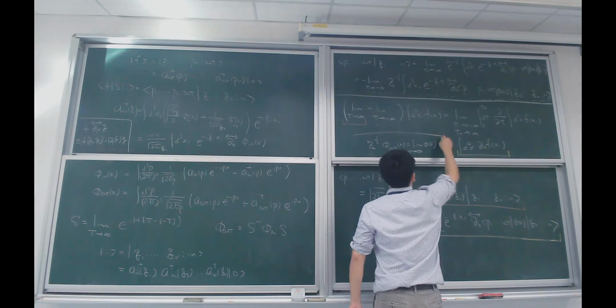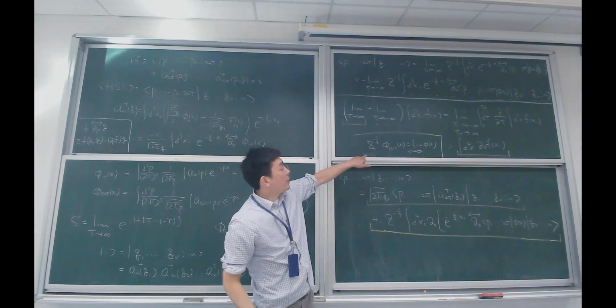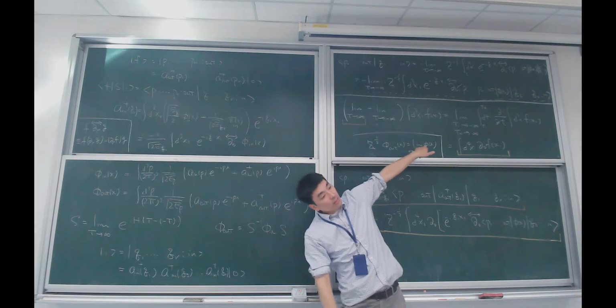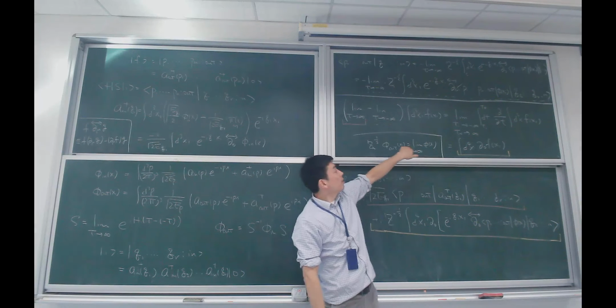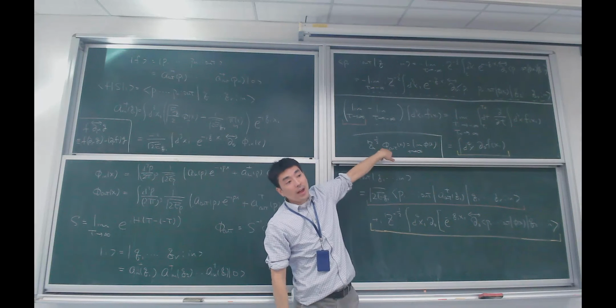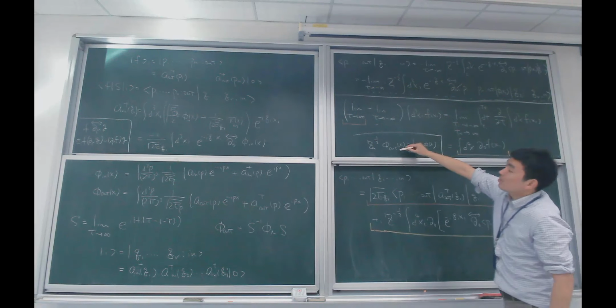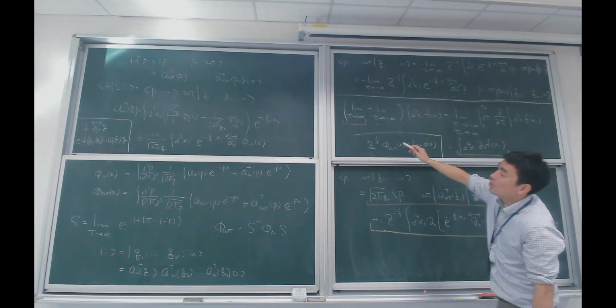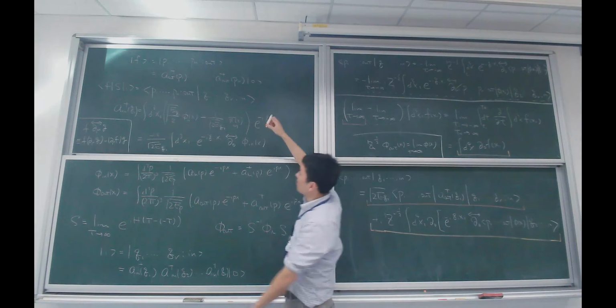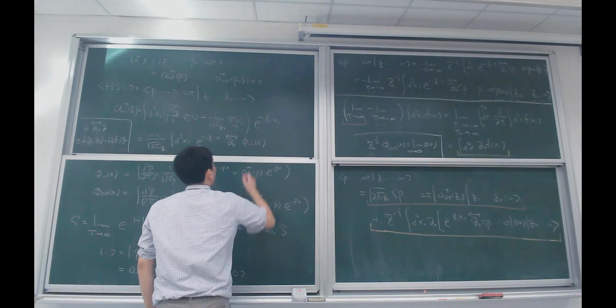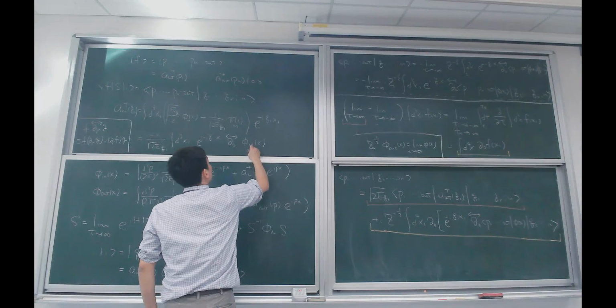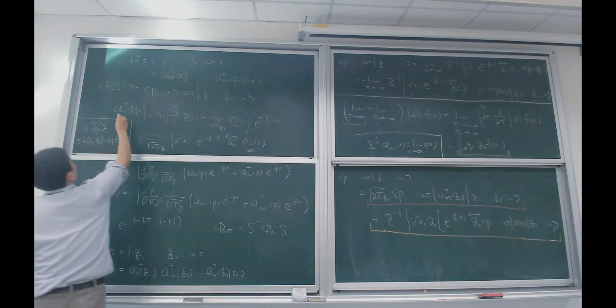Okay, as you recall. So if phi goes to future infinity, it becomes phi out. And if you plug that into here, it's the same thing. Phi out and phi out.